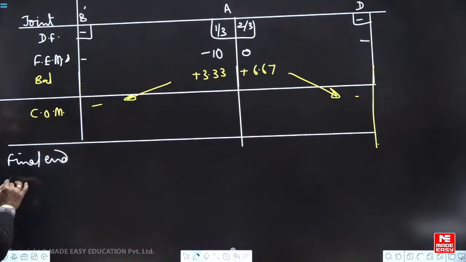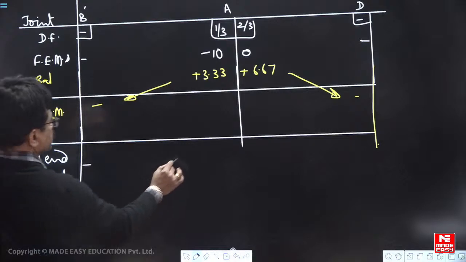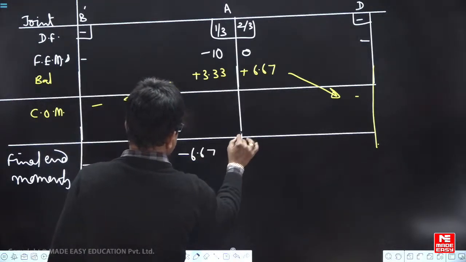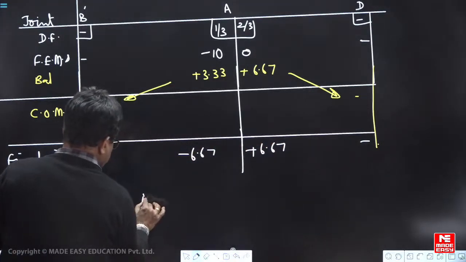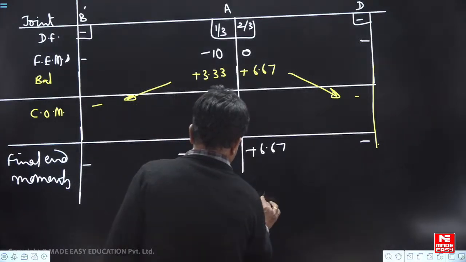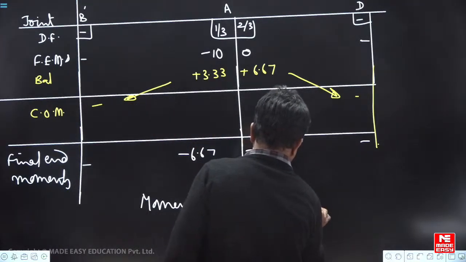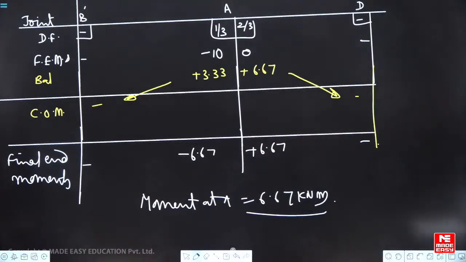Final end moments: nothing, this is minus 6.67, this is plus 6.67, nothing. So moment at A. Plus or minus they will not ask you, simply like that. So just observe this one.